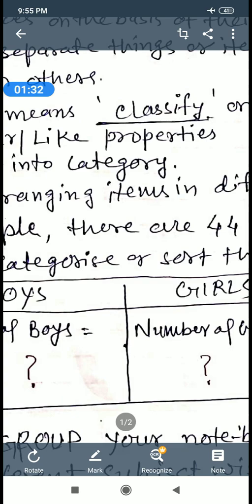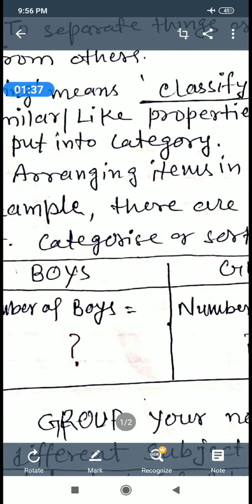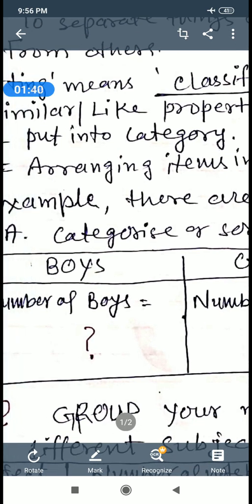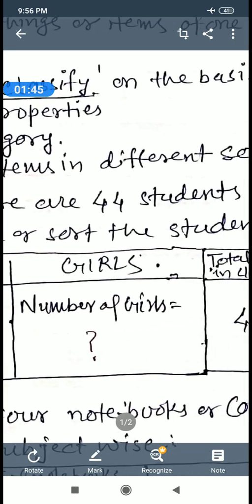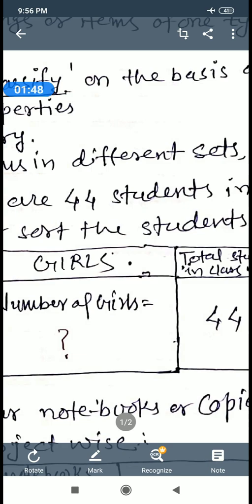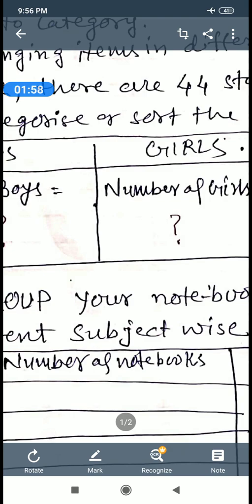Categorize or group all the 44 students into two categories, like boys and girls, and the total number of students in class 6A must be 44. This is the first activity to understand sorting. You can do it in your notebook.